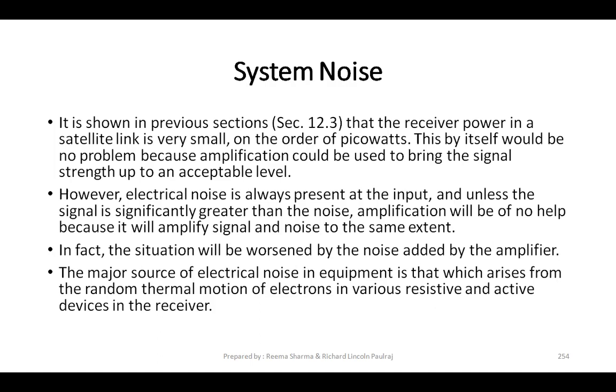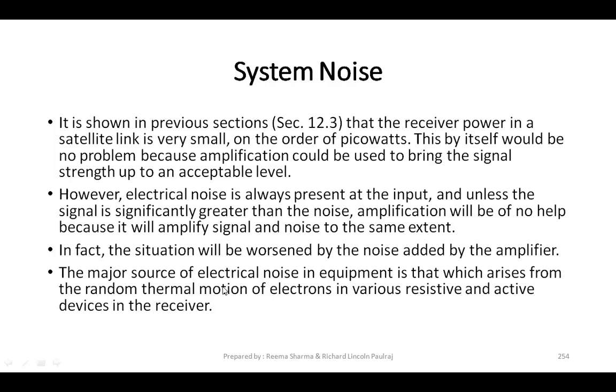The major source of electrical noise in equipment is that which arises from the random thermal motion of electrons in various resistive and active devices of the receiver. So which means we will be looking at not only the other losses, but also closely at the motion of electrons.